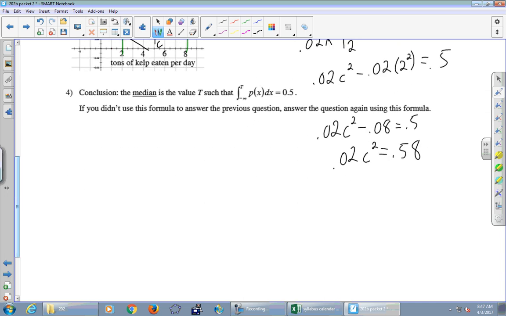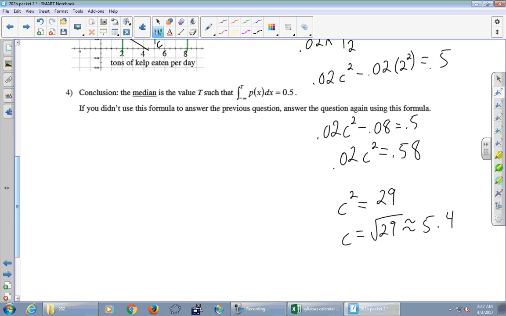And then divide by the 0.02, and then take a square root. What do we get here? 50. Thank you. Good.